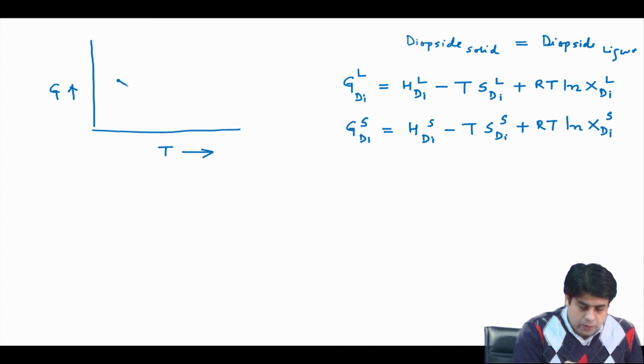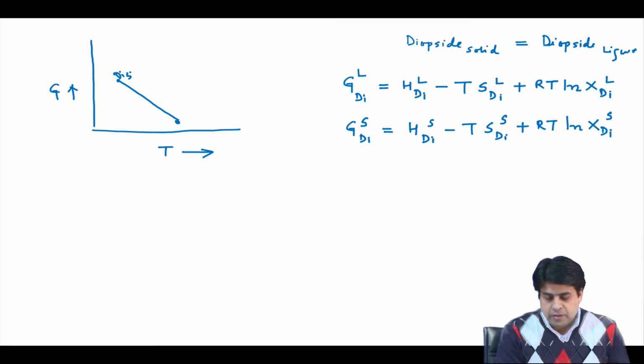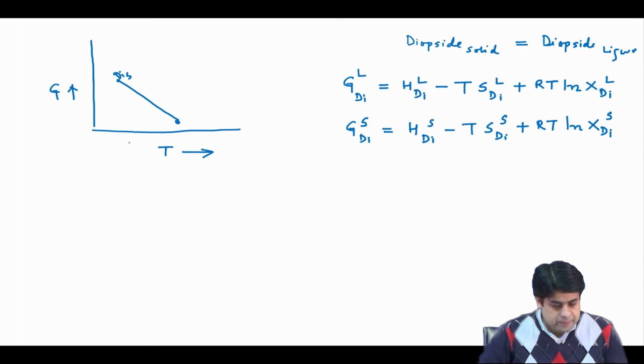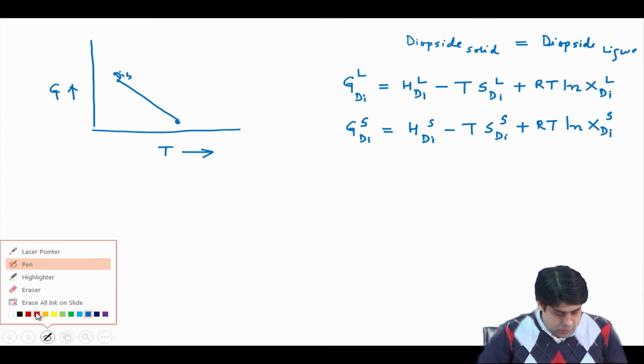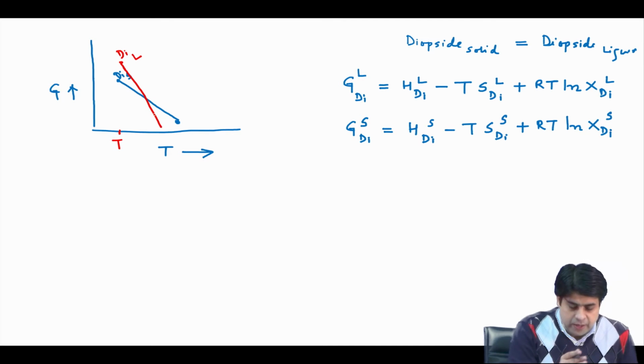Your dioxide solid will have a negative slope because its free energy is a function of minus T S, and similarly you can draw the dioxide liquid phase, which will have a higher energy at a particular temperature, okay, and this is the dioxide liquid slope.